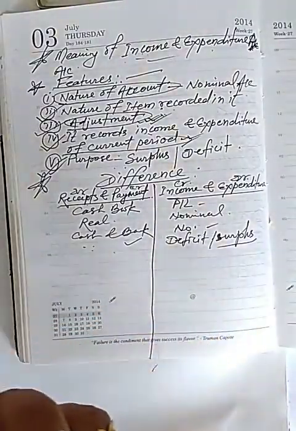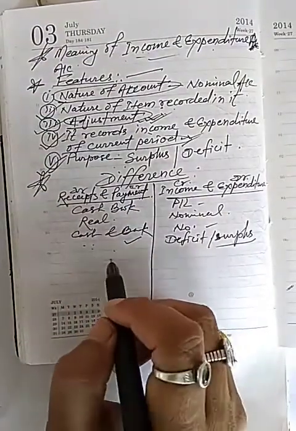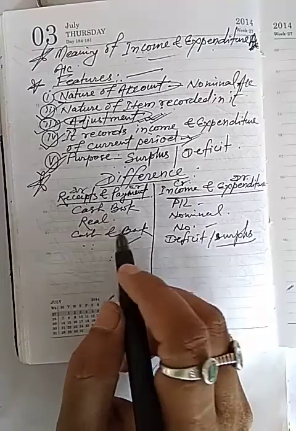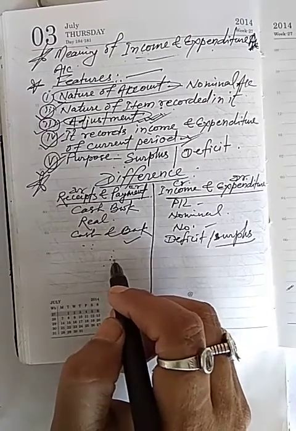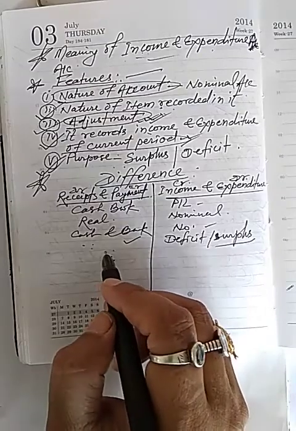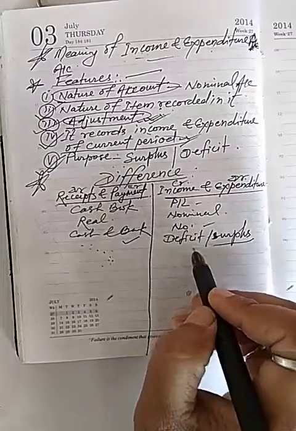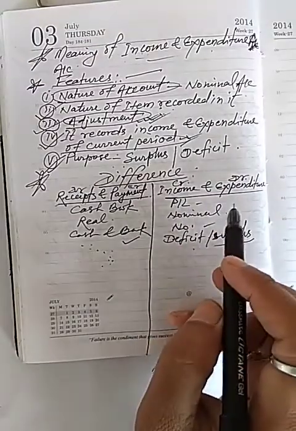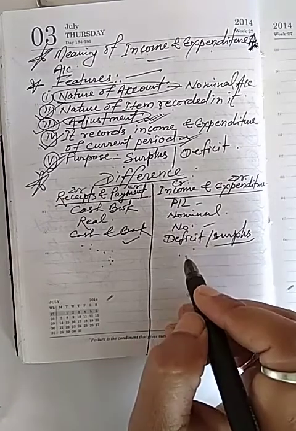In receipt and payment account, all receipts and payments made during the year are recorded, whether they relate to current year, previous year or next year, but income and expenditure account only records current year balance.